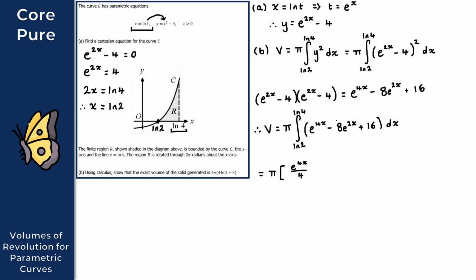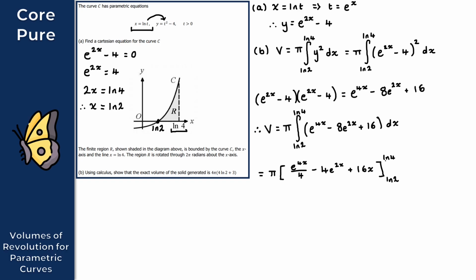When we integrate this with respect to x, again we just divide through, in this case by 2, so 8 over 2 gives us minus 4e to the 2x. And finally, this plus 16 would just be plus 16x. And don't forget our limits here, from ln 2 to ln 4.